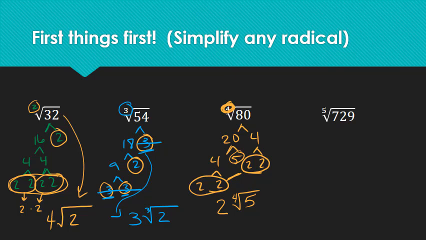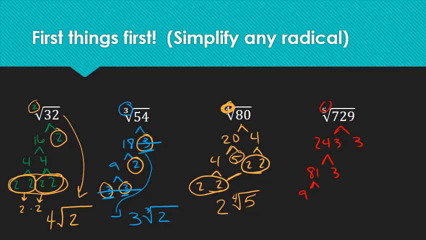The last one we're going to do is a fifth root. What am I looking for? Groups of what? Hopefully you said 5. So we're going to take 729 and just start breaking it down. I used my calculator and did 243 and 3. Let me divide by 3 again, so this would be 81 and 3.